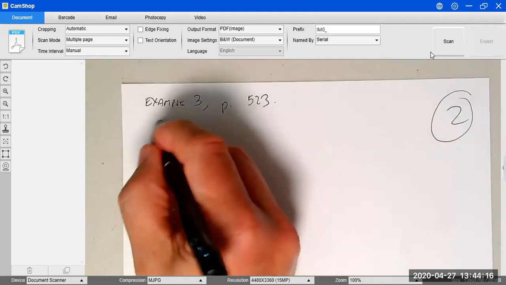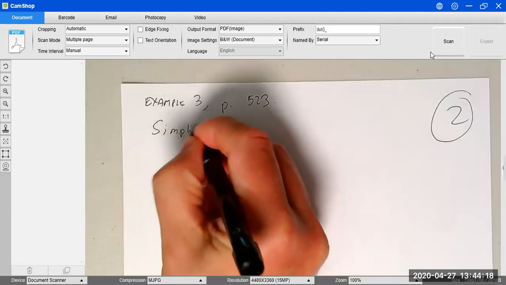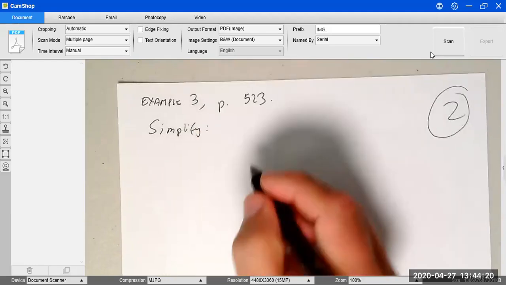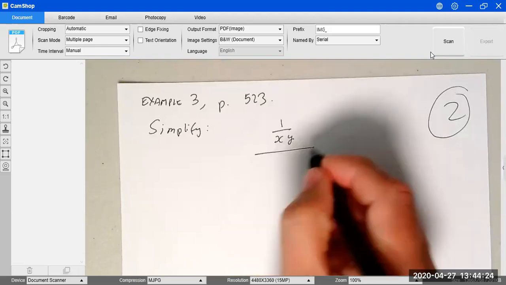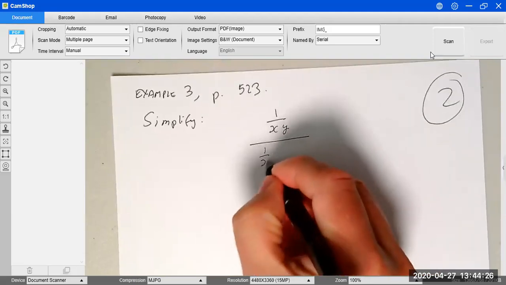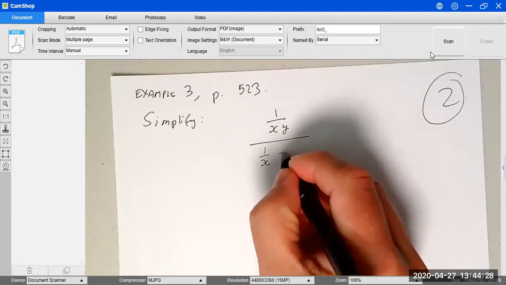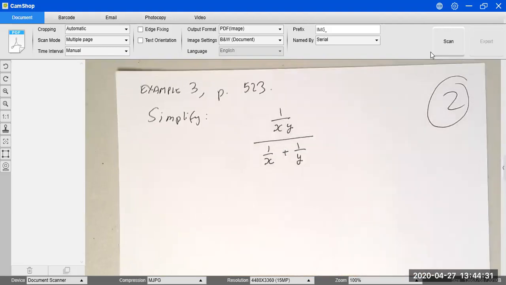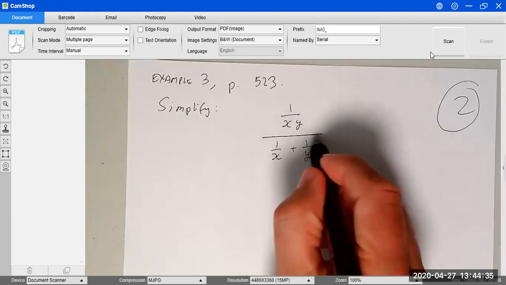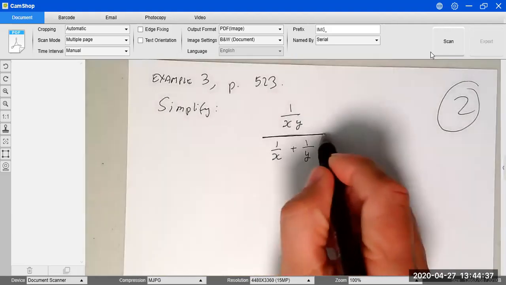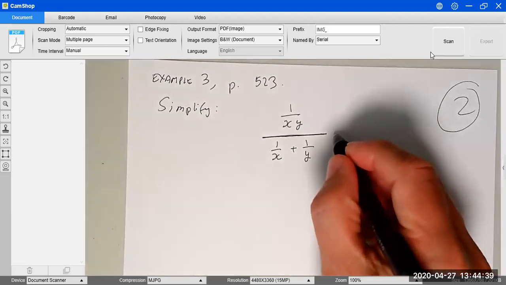So we're going to simplify. And we have 1 over xy over 1 over x plus 1 over y. So this is my complex rational expression. I'm going to identify the main fraction bar.